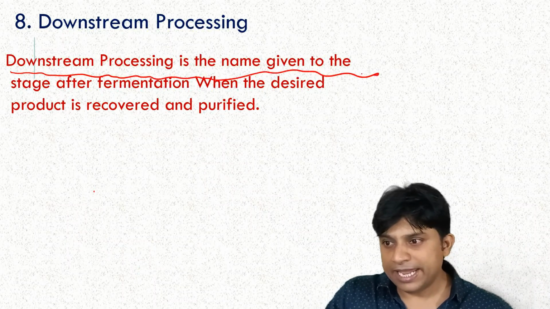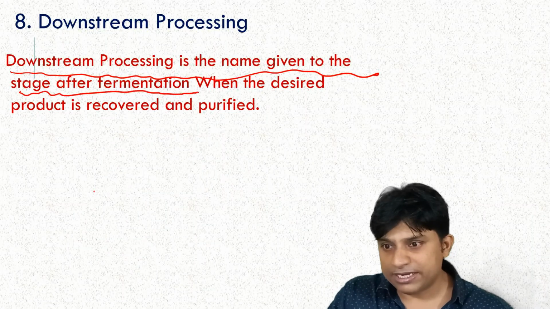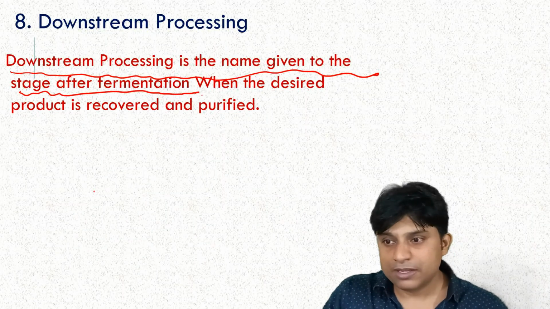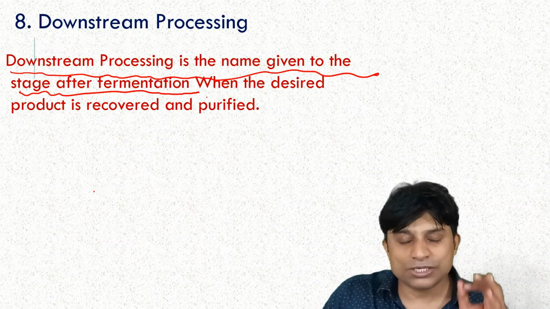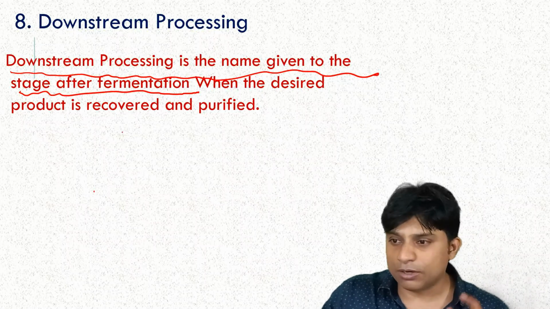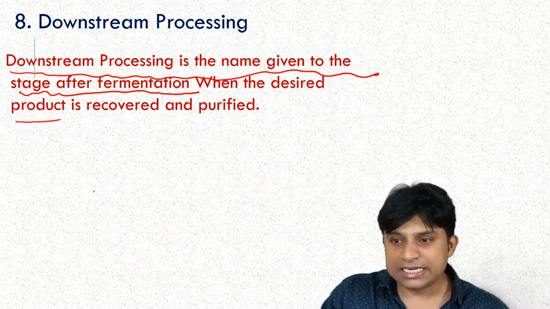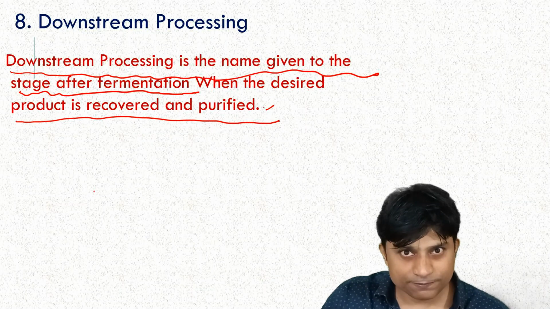Downstream processing is the name given to the stage after fermentation. That means after the process of fermentation, or you can call it the biosynthetic stage, the entire processing after the biosynthetic stage is called downstream processing, when the desired product is recovered and purified.